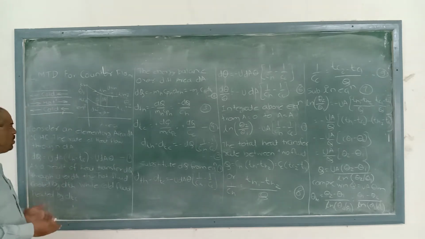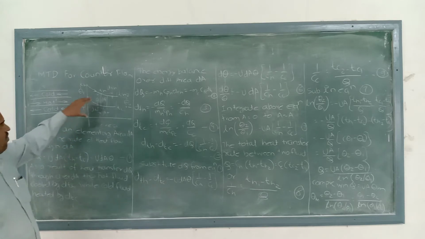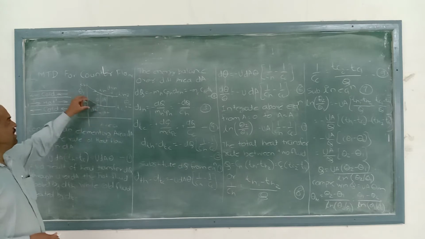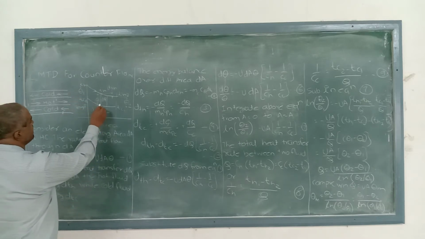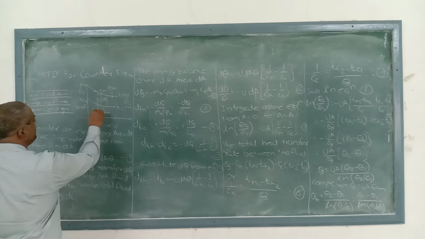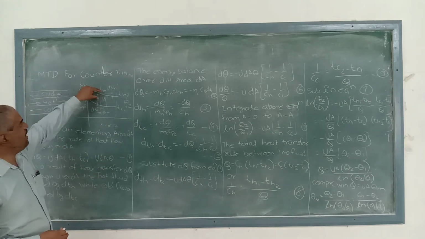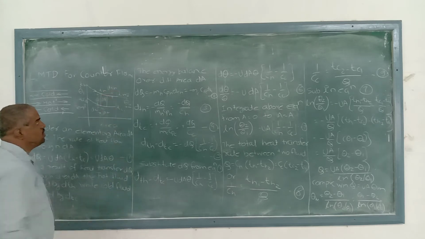Now we are going to consider a small elemental area dA of the heat exchanger. For this small elemental area we consider the temperature change dTc of the cold fluid and dTH of the hot fluid.